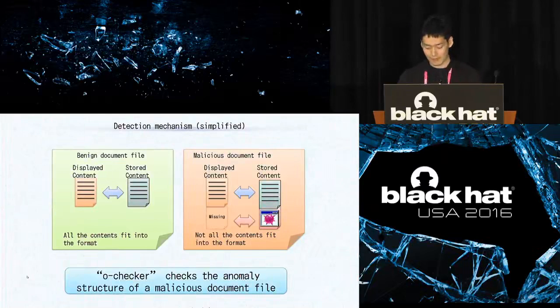In this slide, I'd like to briefly talk about how O-Checker detects malware. The left half of this slide shows the state of any document file format. Generally, Microsoft Word, Excel, PDF, and other document files have the different file format.